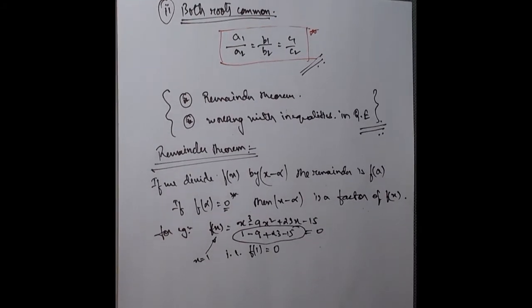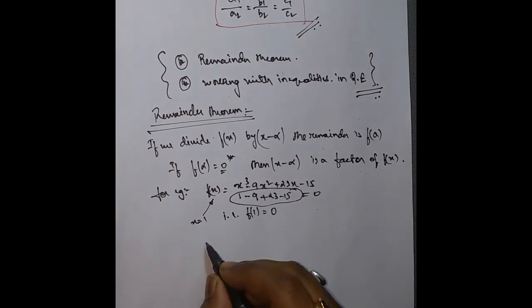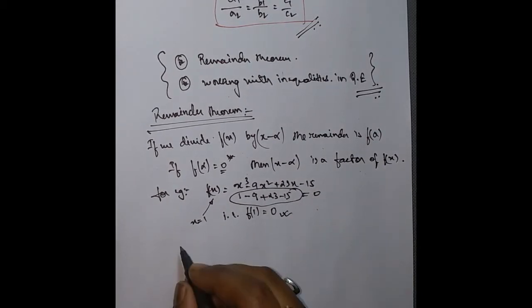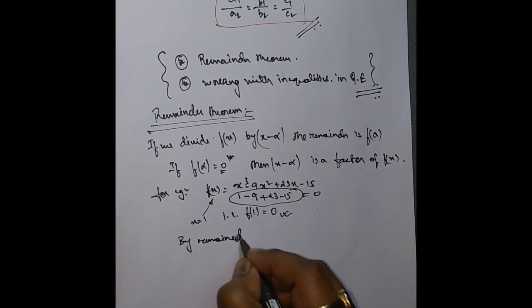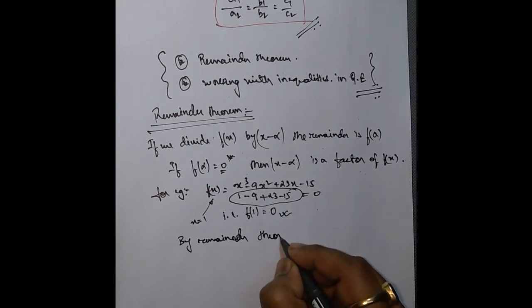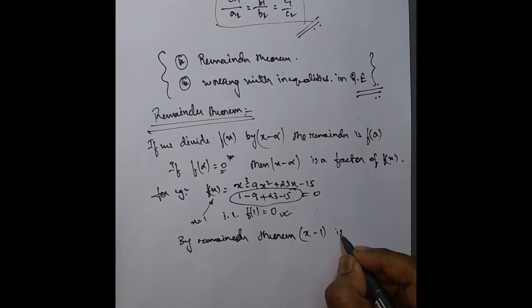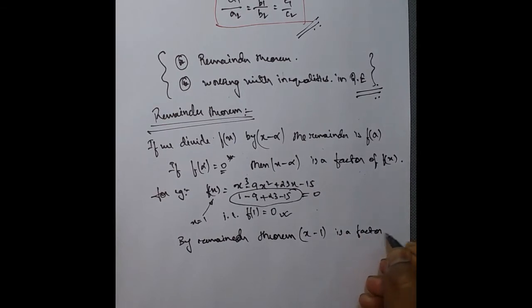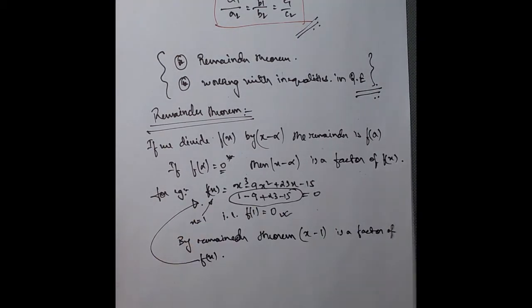Which means f of 1 equal to 0. So by the remainder theorem, x minus 1 is a factor of f(x). Which f(x)? This one. Alright, so this is the remainder theorem.